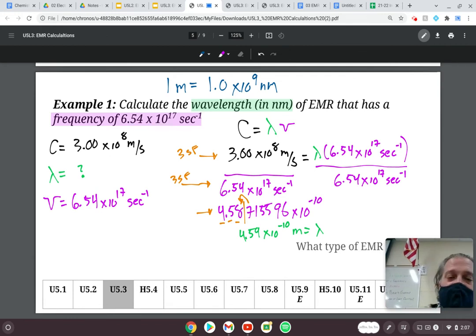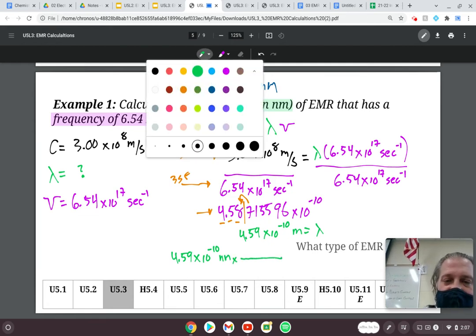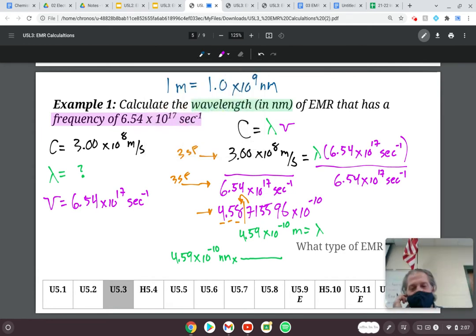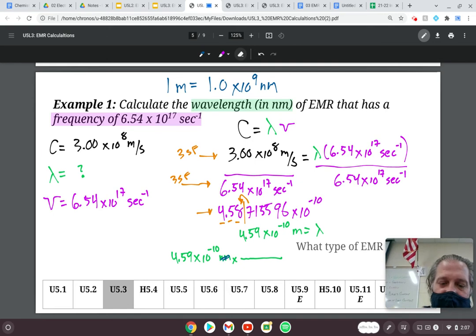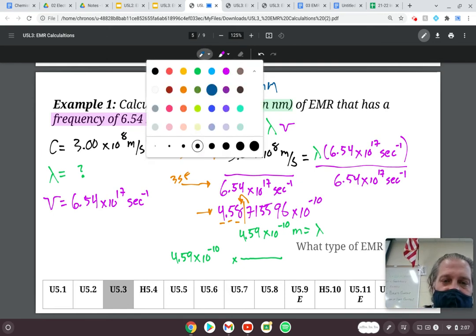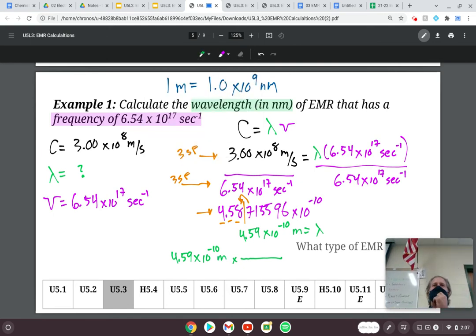So now I'm going to take my 4.59 times 10 to the minus 10 meters, and I'm going to convert it to nanometers. What unit should I put on the bottom? Meters. If I want to get rid of meters, I need to put meters on the bottom.